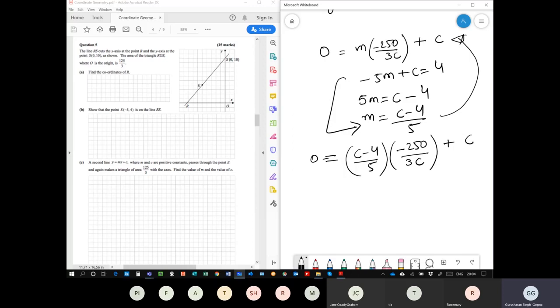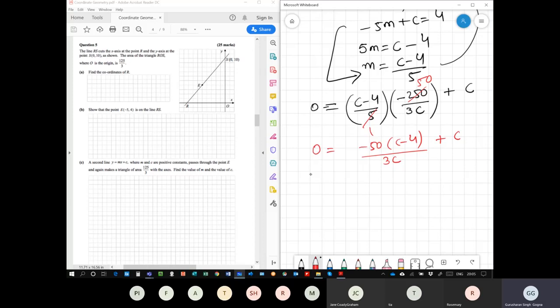So I'll simplify this. That will give you 50. So 0 equals minus 50 times c minus 4 over 3c, plus c.